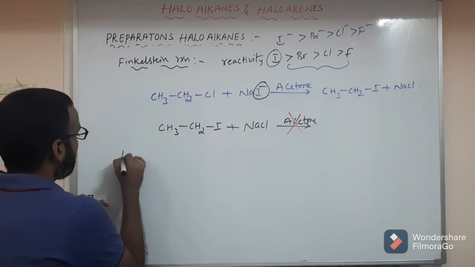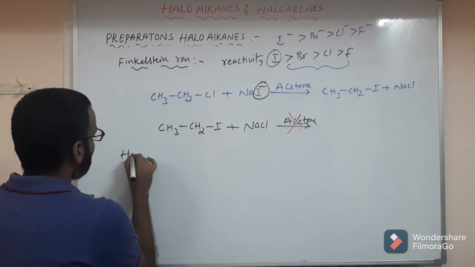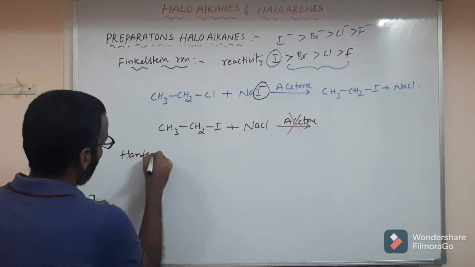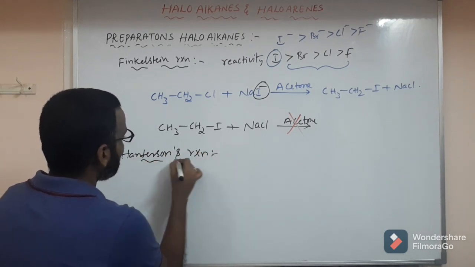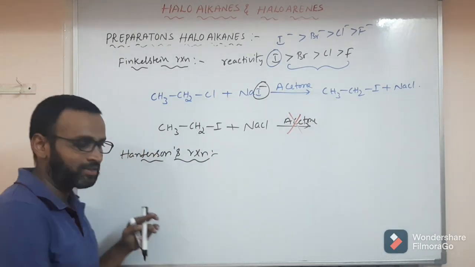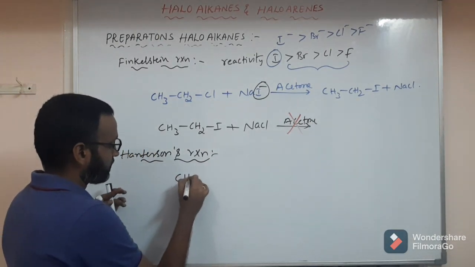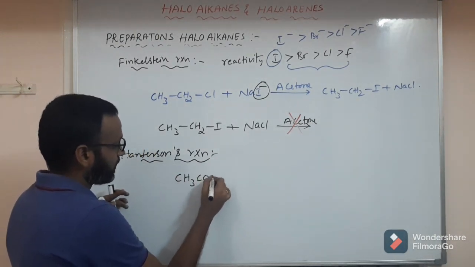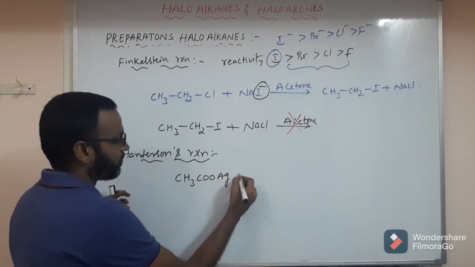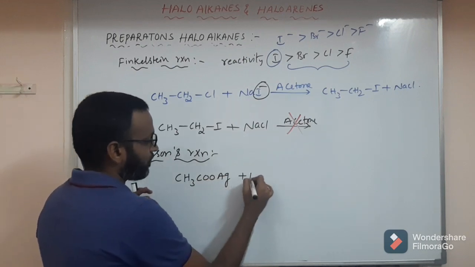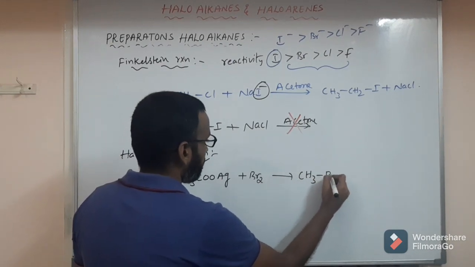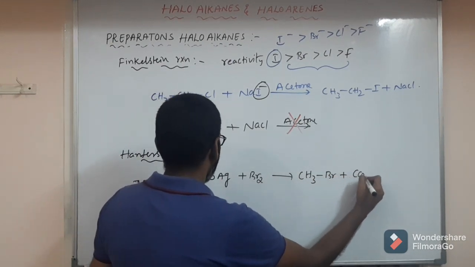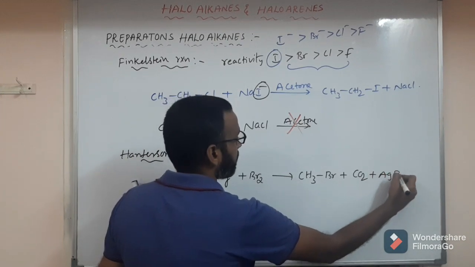Next, Hunsdiecker reaction. Silver salts of carboxylic acid when reacted with bromine, like this: CH3COOAg, the silver salt of carboxylic acid, when reacted with bromine, you will get CH3Br plus CO2 plus AgBr.